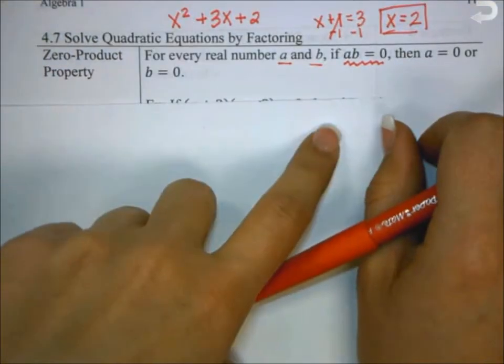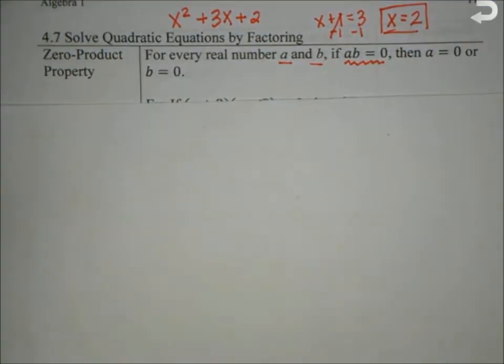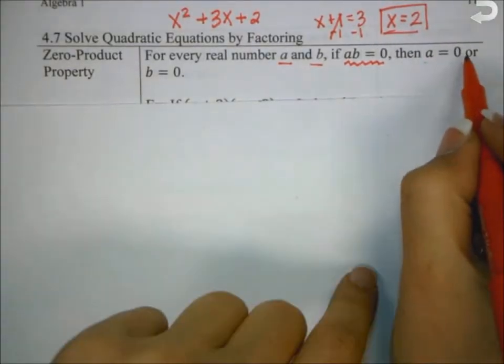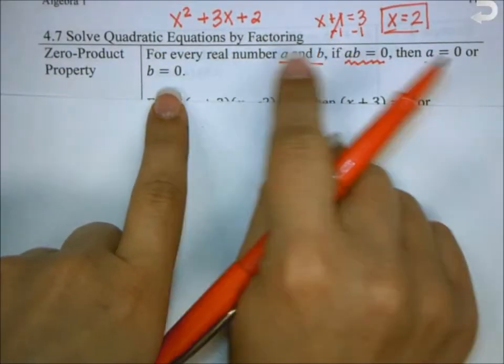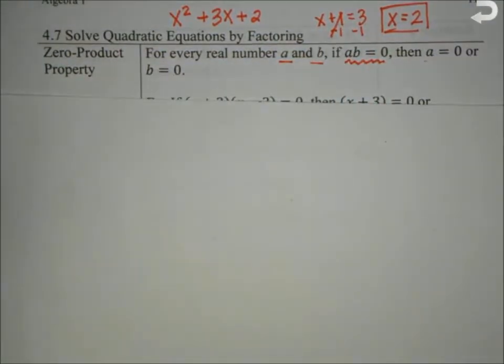When I'm multiplying two numbers and it equals 0, at least one of them has to be 0. So that means that either A has to equal 0 or B has to equal 0. Oh, so when I multiply two numbers and the answer is 0, even if I don't know what any of the two numbers are, but I know when I multiply them the answer is 0, don't I know that one of them has to be 0? Yes. Okay, that's what the zero product property is saying.